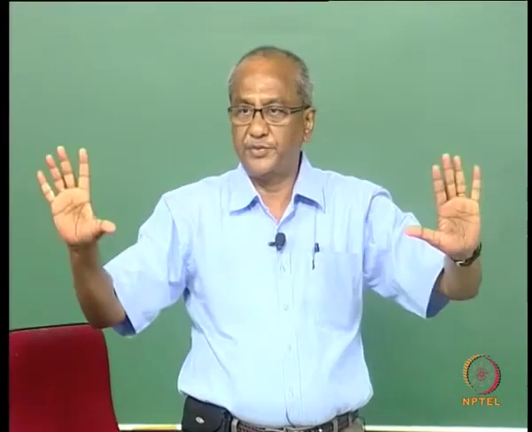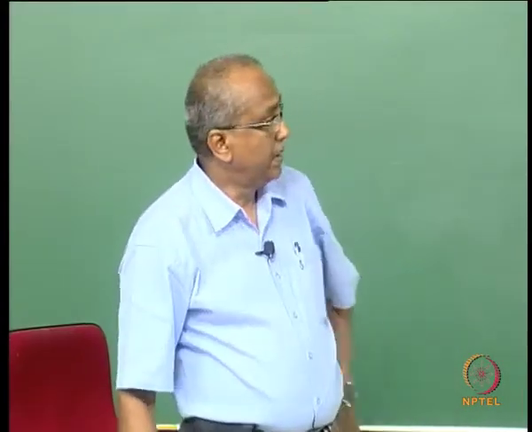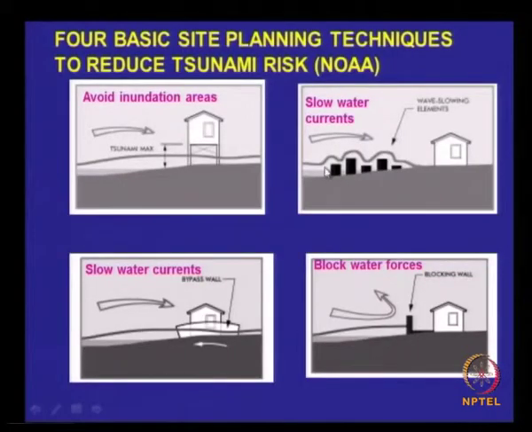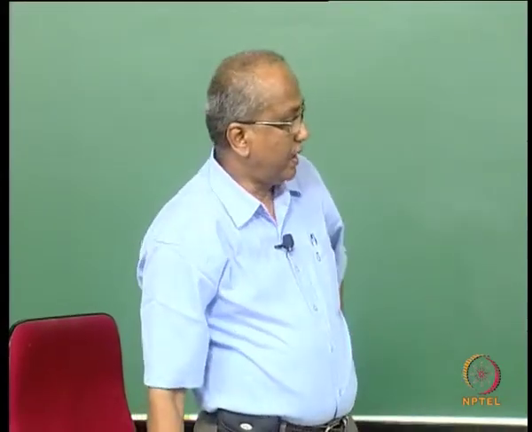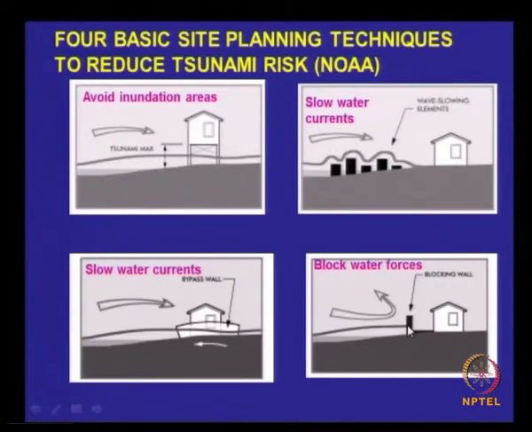If you have solid obstruction you are in for trouble. Or you have buffers as shown here, some elements so that it will reduce the run up, and also you can streamline your structure, which is quite expensive, or you can have block walls as shown here, like crown walls in the case of breakwaters.